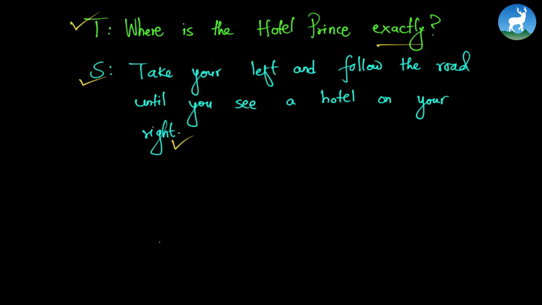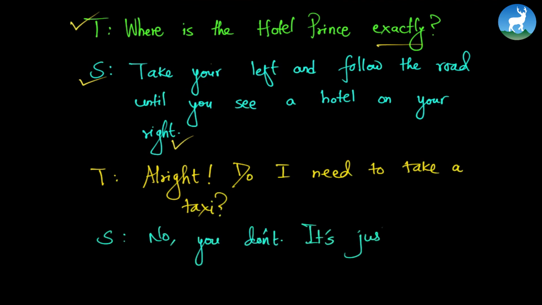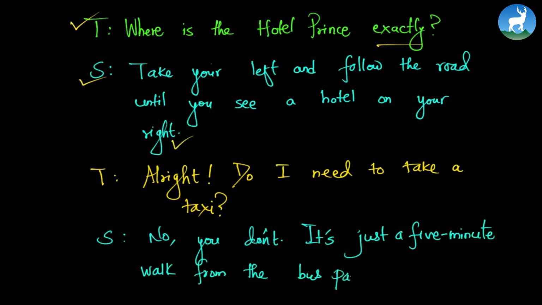And the tourist would say something like, alright. Do I need to take a taxi? And the student would reply, no, you don't. It's just a 5-minute walk from the bus park.